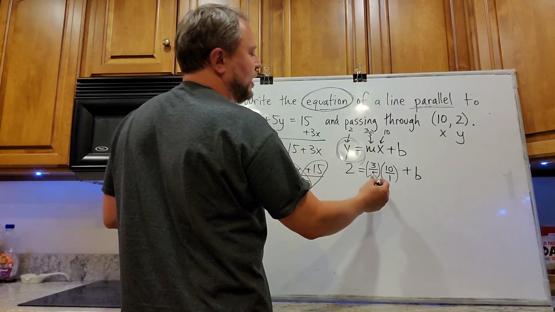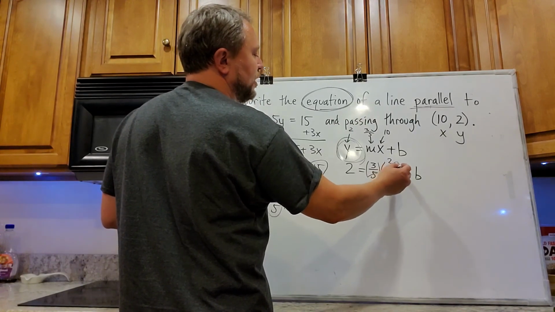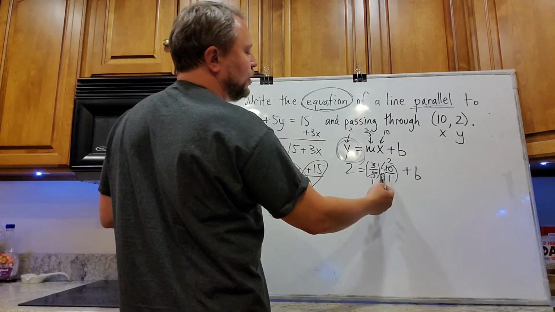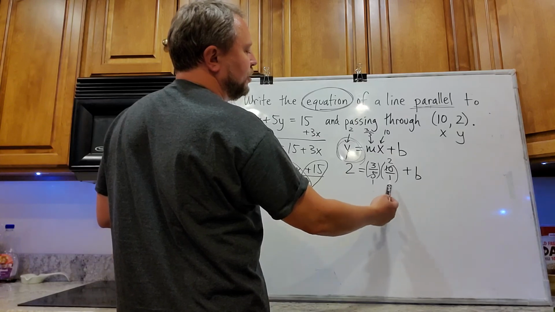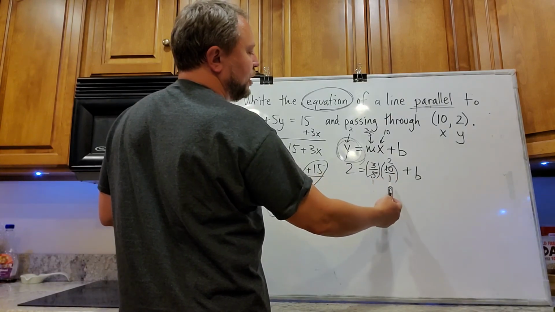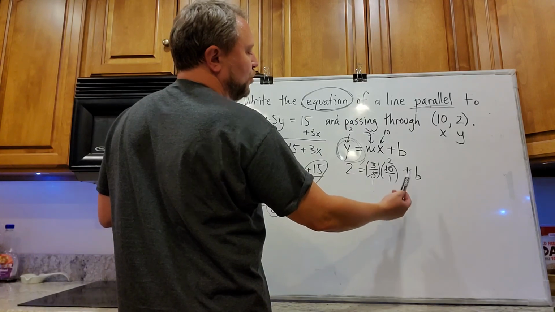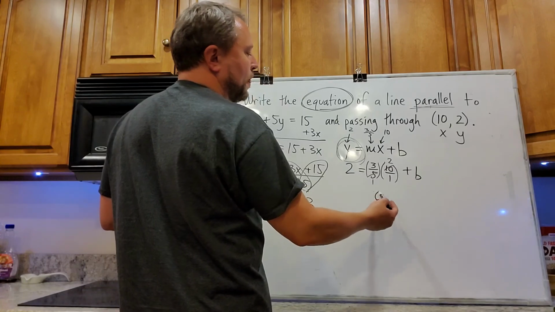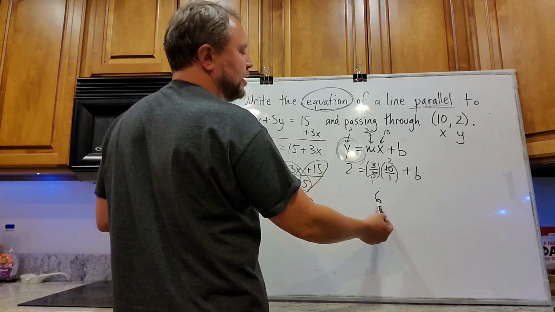See how this 5 would go into this 10 2 times, and 5 would go into itself once. Now when I do my multiplying, it's a lot easier, because I have 3 times 2 is 6, and on bottom I have 1 times 1 is 1. So 6 over 1, that's just 6. This 3/5 times 10 just came out to 6.